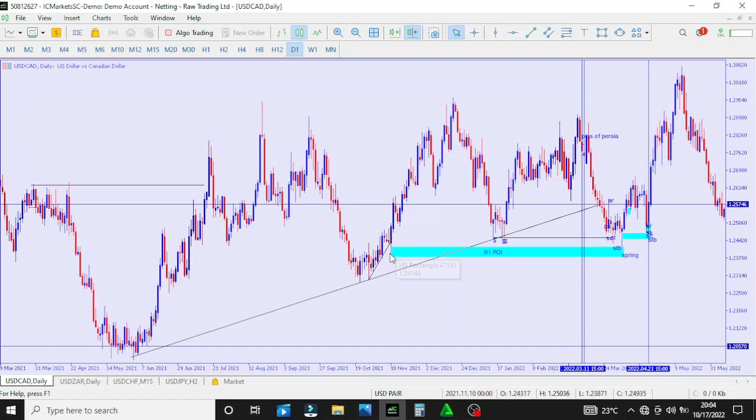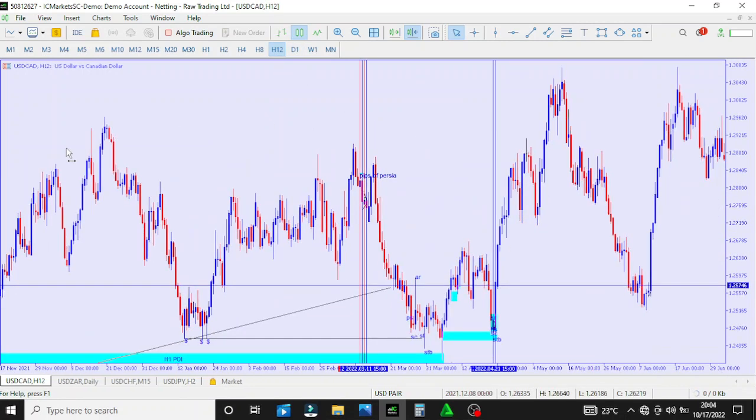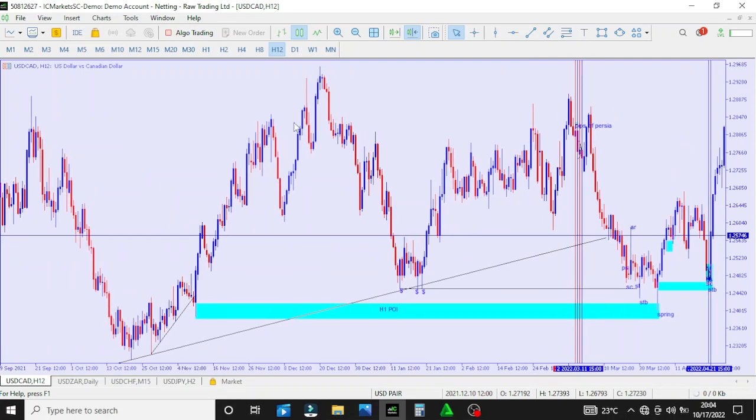I will explain why I selected this H1 point of interest, because let me show you. I hope we're on the same page that we are bullish. This is just the trend line manipulation and the manipulation of these equal lows.